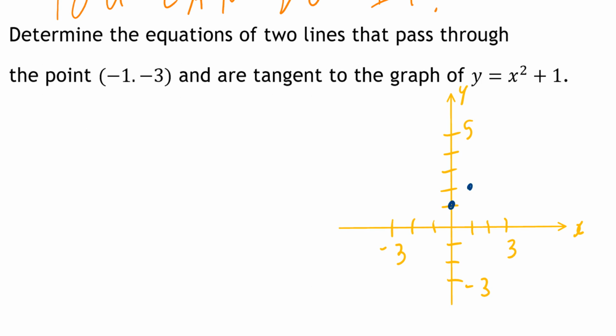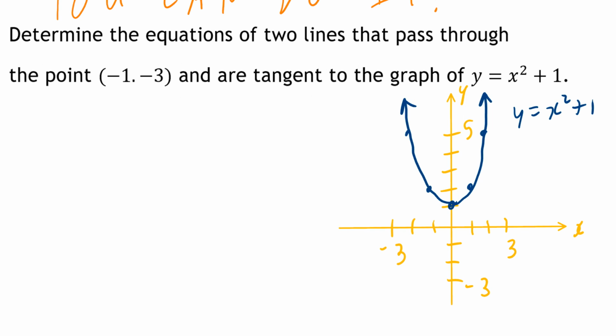And if you follow the step pattern, you can go right by 1, up by 1, right by 1, up by 3, and so on. So 1, 2, 3, 4, 5, up by 3, roughly speaking. So let's label this function y equals x squared plus 1.